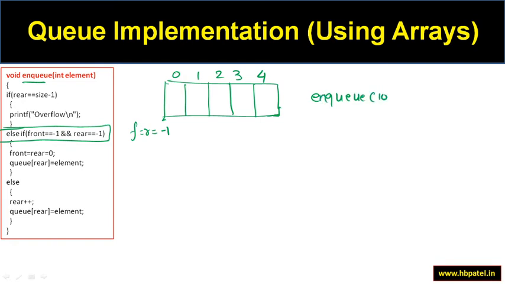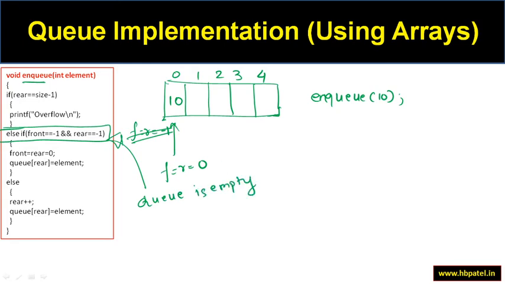Enqueue, let's say 10. So if this is the case, what will we be doing? We'll be inserting 10. But in this case, front and rear will both be set to 0. So if front equals -1 and rear equals -1, that means the queue is empty, and if the element that you wish to insert is the very first one, in that case front and rear are set to 0, and the element, let's say 10, is added over here.